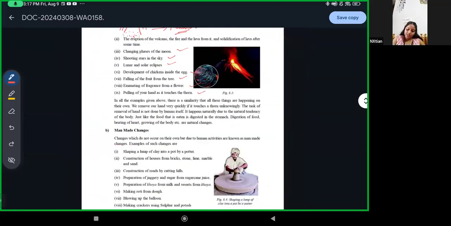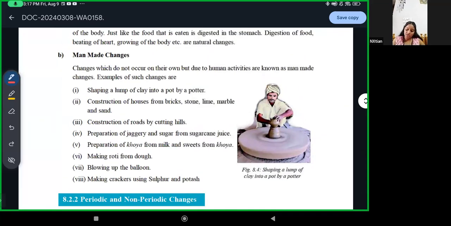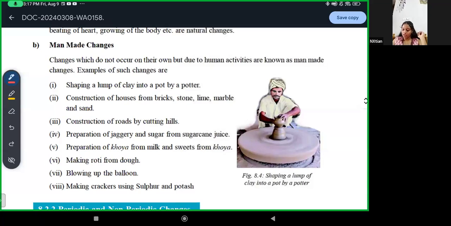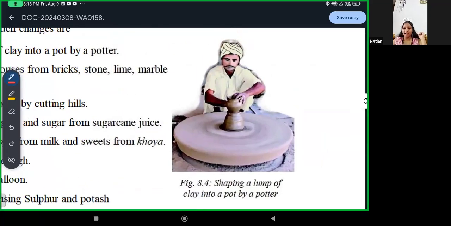Now, there are some man-made changes also, in which our interference is necessary. When we initiate something and then it changes, those are known as man-made changes. Have you ever seen a potter making pots out of clay? This is a spinning machine.